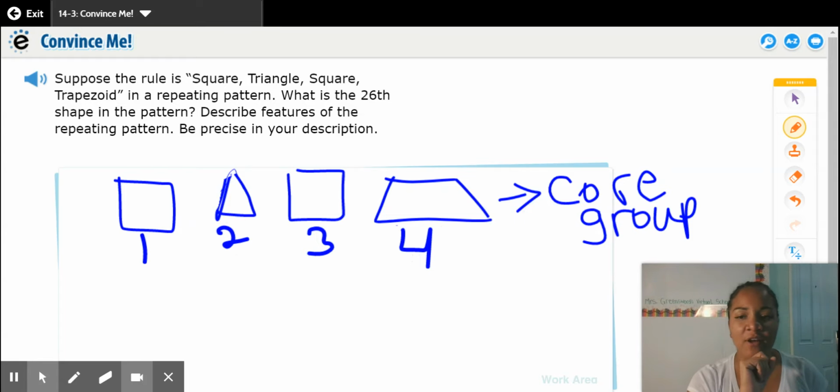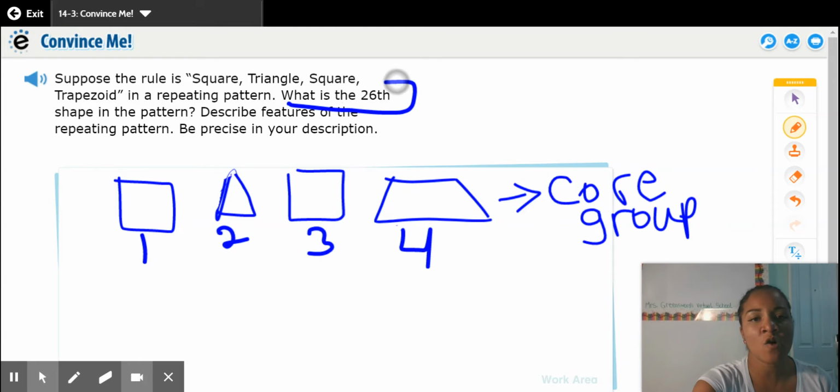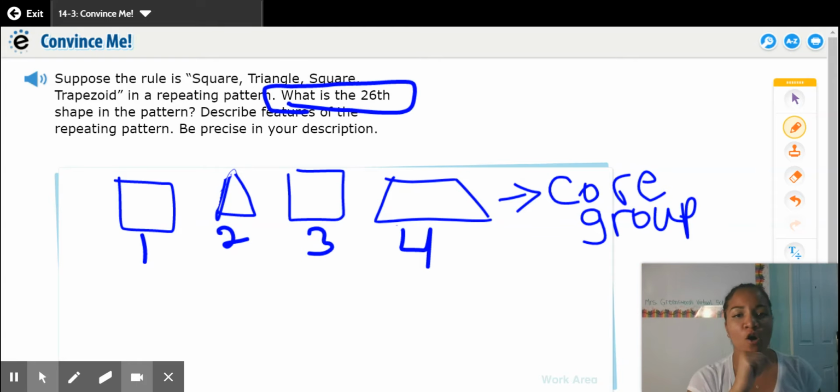The only difference when we're dividing is that we need to look at where we're going. So we started with our core group and we need to continue our pattern. But while we're continuing, they want us to stop and tell them what the 26th shape is. And for us to do that, we can divide.